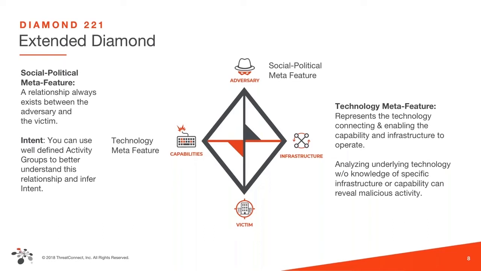Yeah, I think what you said there, Andy, is really powerful. One of the things I learned early in my career as a hunter was that these extended elements of the diamond model are really powerful, because you get to almost predictive level intel, right?